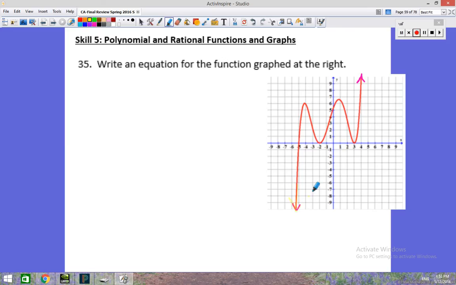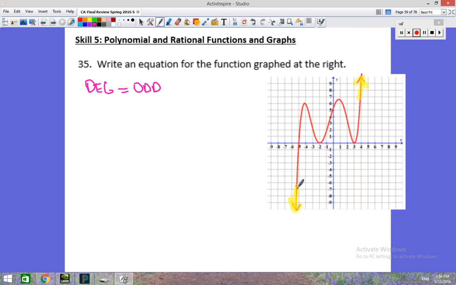Remember that multiple choice with all those pictures that we had of the possible cases. So we've got down and up. Alright, so I know my degree when I'm done with this is going to be an odd number.